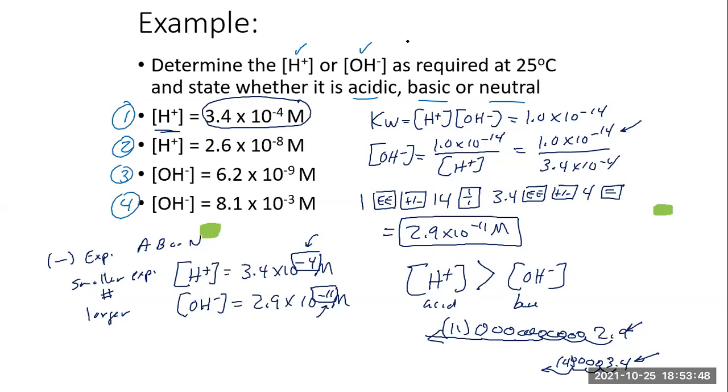Okay, so let's take a look at the rest of them and see how we did. The next one that we had was an H plus concentration of 2.6 times 10 to the minus 8 molar.